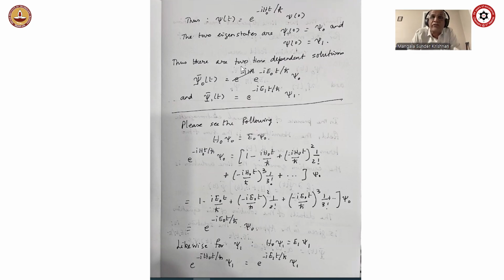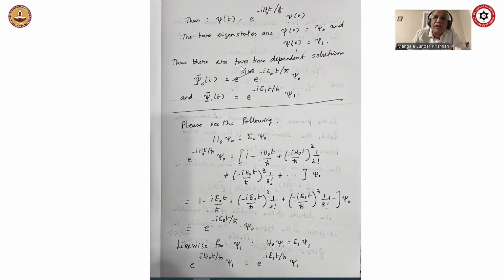So there are two eigenstates. These are two solutions: psi 0 that I wrote to you earlier, and psi 1 that I wrote earlier. So if I substitute that, then you see that there are two time-dependent solutions, depending on whether we put psi 0 or psi 1.